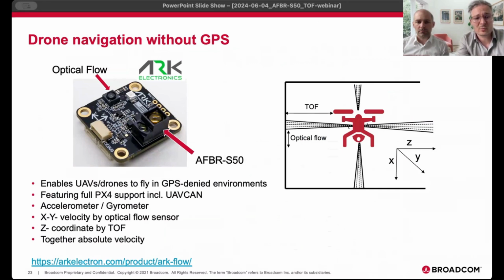It also comes with an accelerometer, a gyrometer, and an optical flow sensor: the TOF for the Z coordinate and the optical flow sensor for the XY coordinates. Altogether they give you a measure for the absolute velocity. This is quite a comprehensive part which can be purchased.